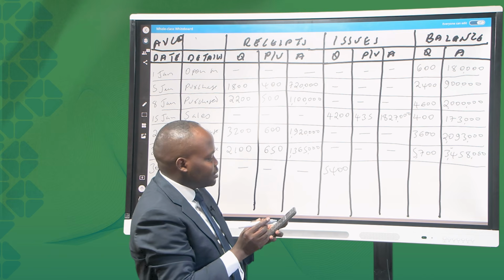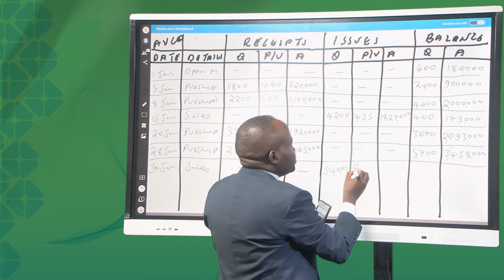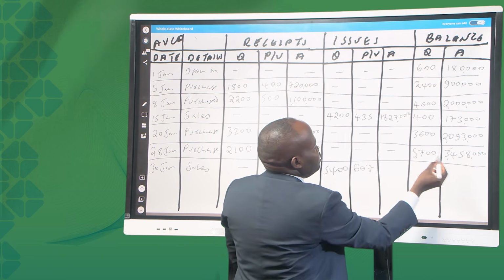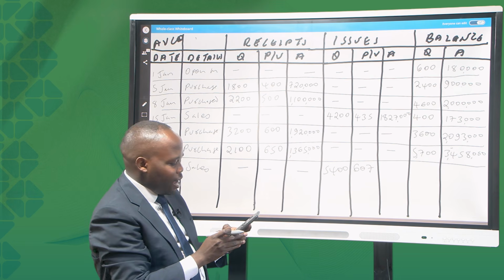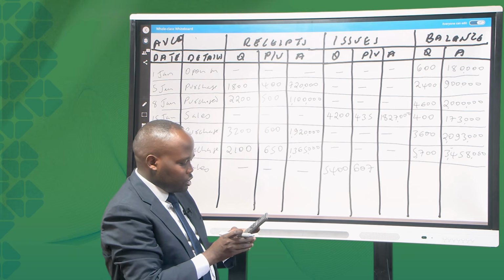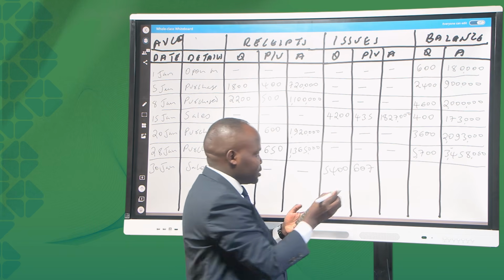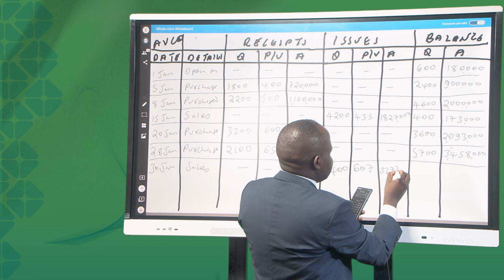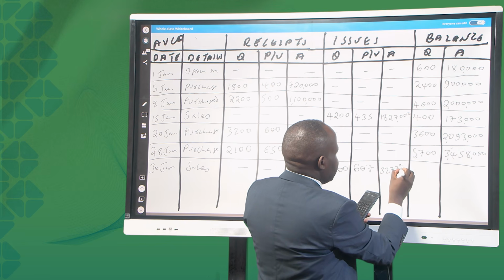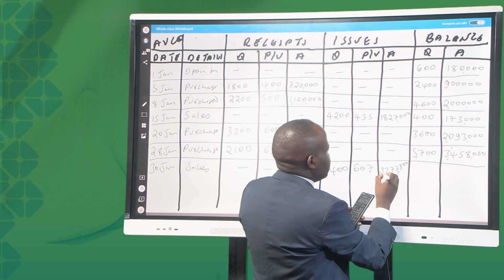It gives us 607. So we have 5,400 times 607, which gives us 3,277,800.